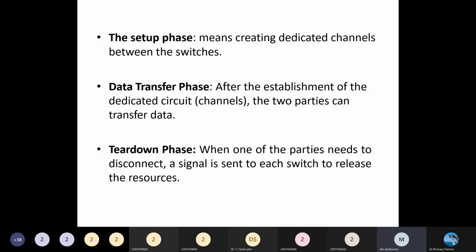So the two methods used are FDM and TDM: frequency division multiplexing and time division multiplexing, isn't it? Okay. In circuit switching networks, another good example is a set of paths.